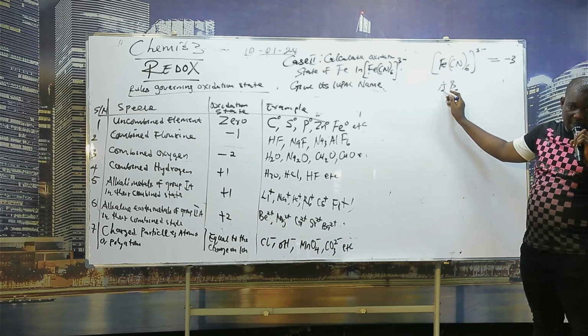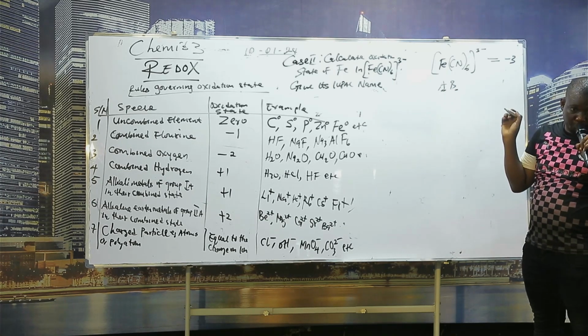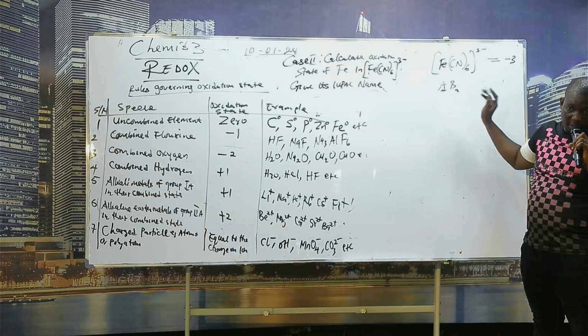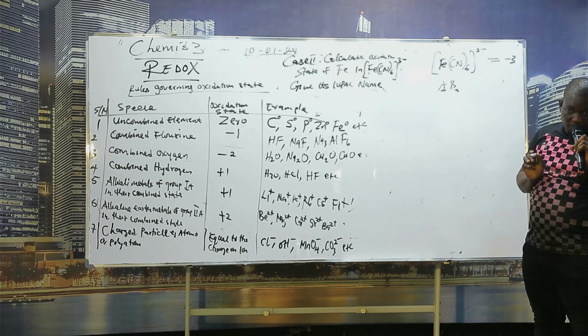The species at the left will always be positive. Species at the right will always be negative.